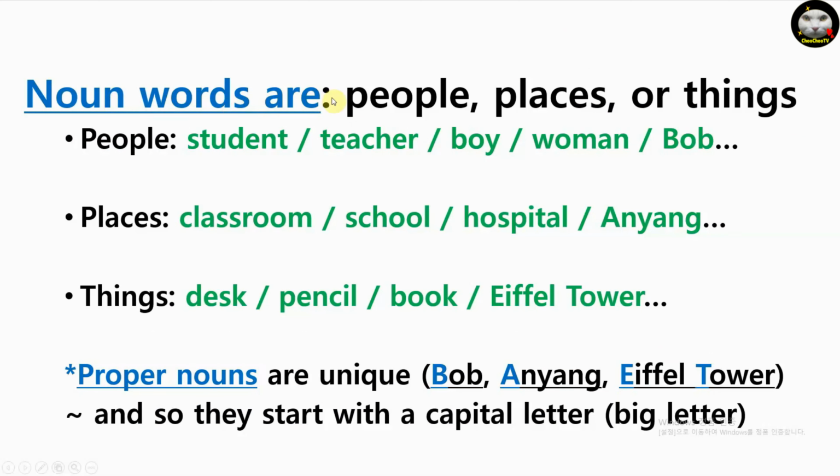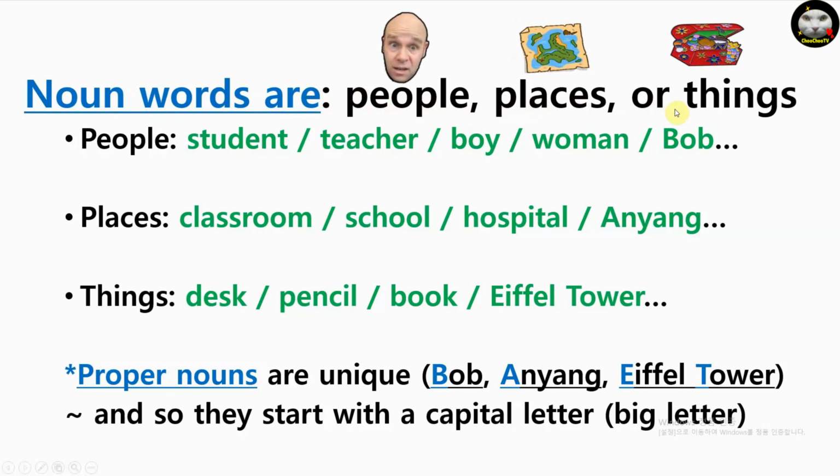Noun words are people, places, or things. For example, people words are student, teacher, boy, woman, Bob. Places could be classroom, school, hospital, Anyang.